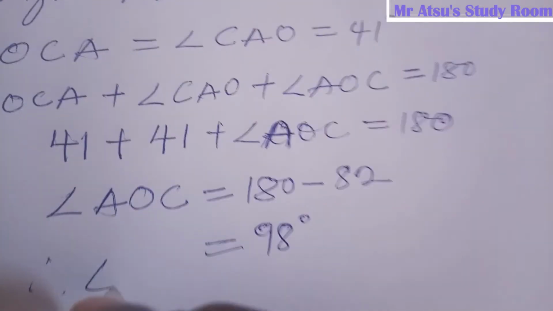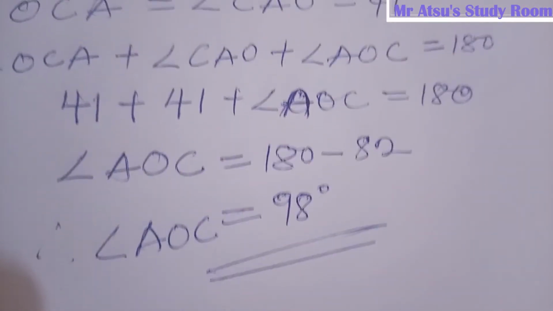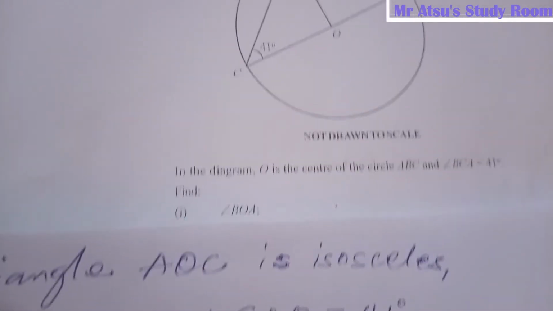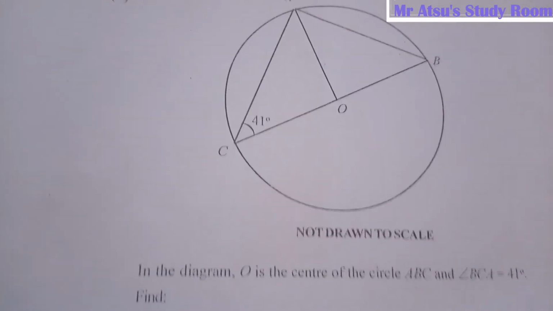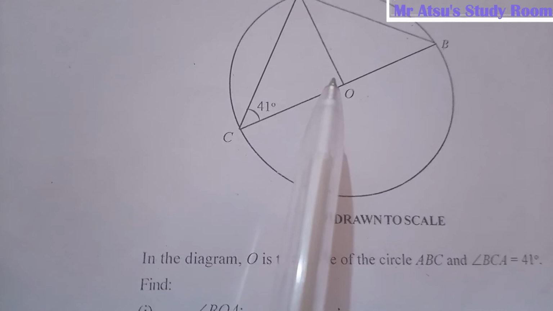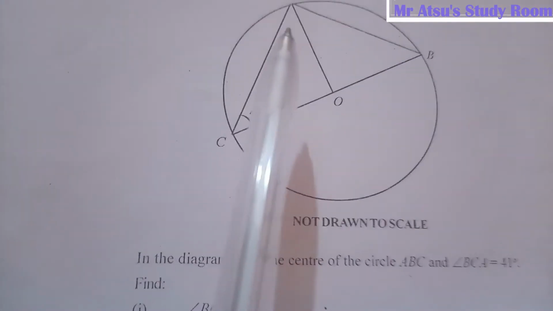Therefore, angle AOC equals 98 degrees. That 98 degrees is just here. And remember, that is not what we are looking for. We are looking for BOA.